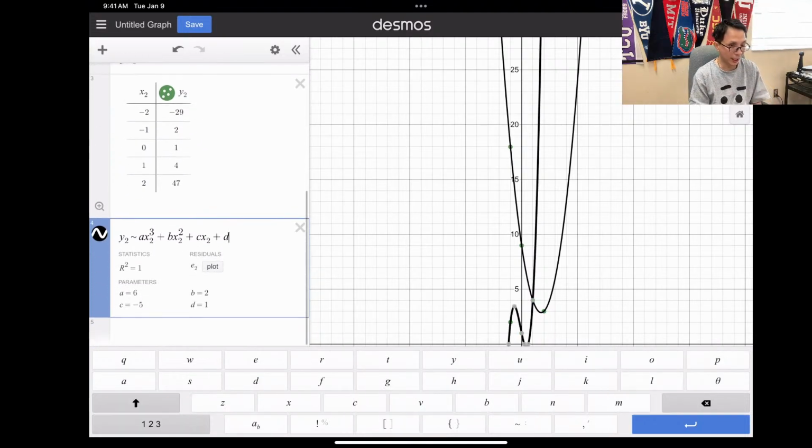And guess what? They found A, B, C, and D. How do I come up with the question? I just write the equation, I build a table, and then I use that table and give it to you, and you gotta find the equation. Do you guys understand the second part? Anybody don't understand? Everybody understand? Ashley, you got it?